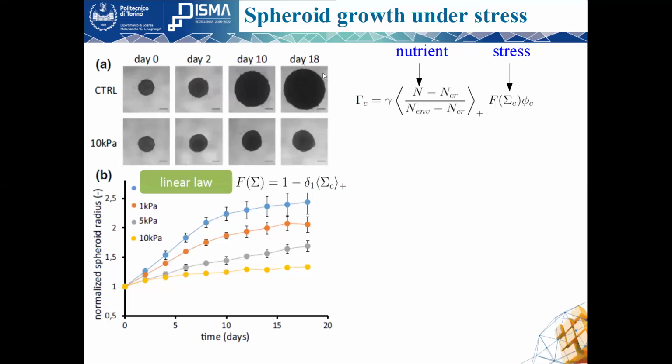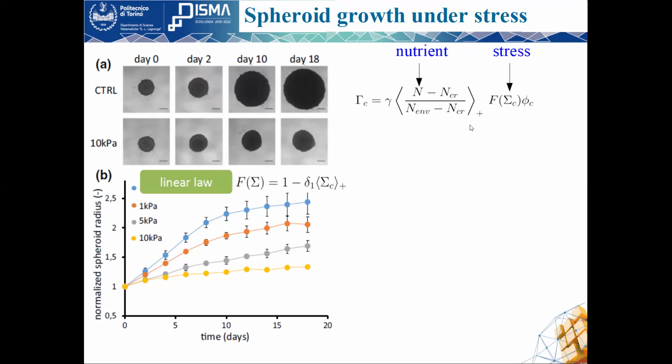A nutrient will come from the outside and is consumed inside while perfusing the spheroid by a reaction diffusion equation, a standard one, in which you have a diffusion and the absorption by the cells of this concentration of nutrient, oxygen, and glucose in general.